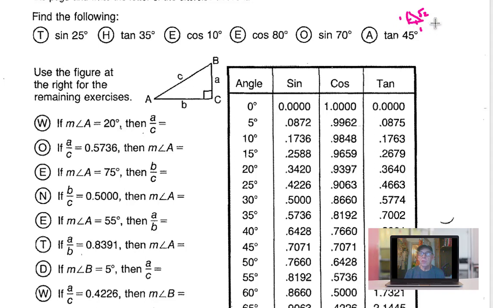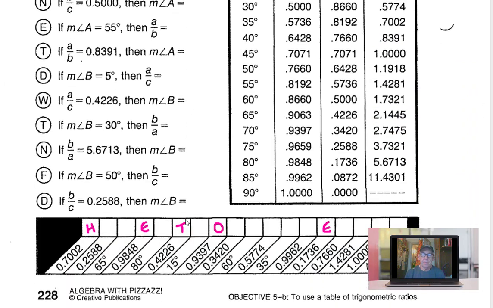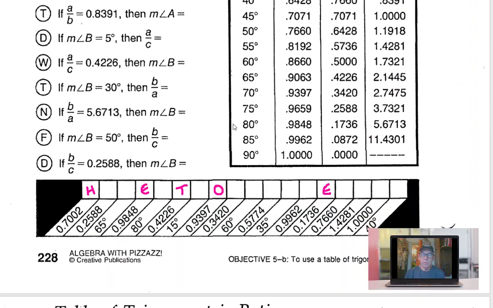Opposite over adjacent should give us 1, because if this is the 45 we're talking about here, opposite 1 over adjacent, which is 1. So the tangent of 45 should be 1. And we see tangent of 45 is 1. And so that takes on an A. Here's 1 at the bottom, takes on an A.